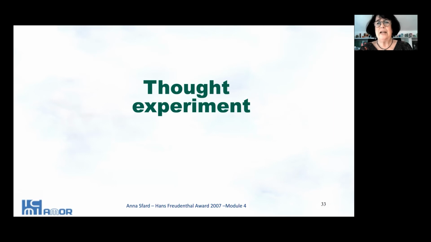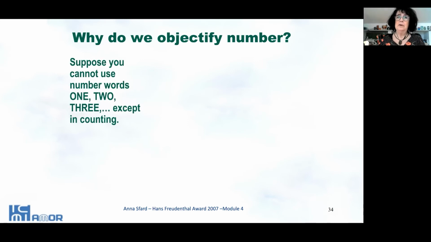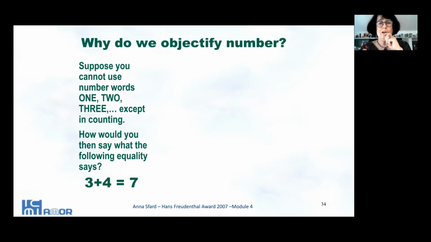To illustrate this last claim in an even more dramatic way, I will engage you now in a thought experiment. Here it is. Suppose you cannot use number words 1, 2, 3, except in counting. How would you then present in words the general truths expressed in this equality? 3 plus 4 equals 7. Let me explain. You can use the number words, but only as words.